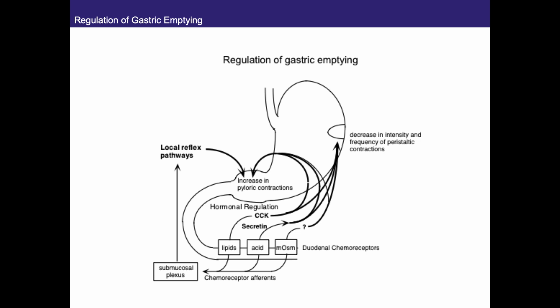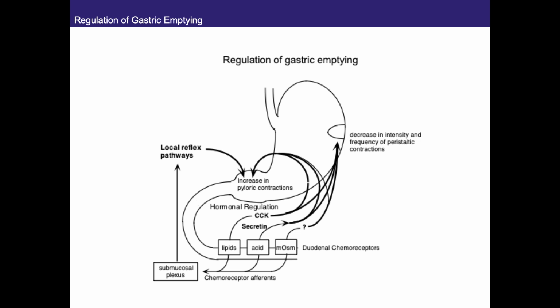So I want you to know these sensors here that are sensing fats coming into the small intestine, acid, and solutes are now going to feed back to the stomach and slow gastric emptying, decrease gastric emptying. Because now it's just about piecemealing a little bit of food at a time into the small intestines so you can maximize digestion and absorption.